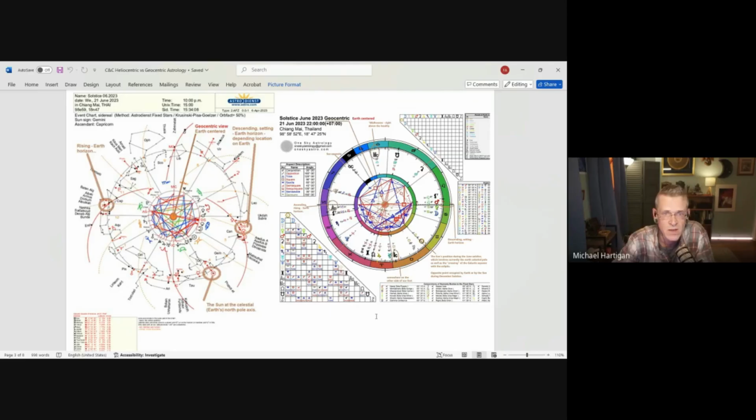But without getting overly technical, this is a chart from the point of view of the Earth and how things look in the sky from our perspective. So this is where we would find things at this time on this date. Let's just pick an example where I see Saturn in Aquarius.